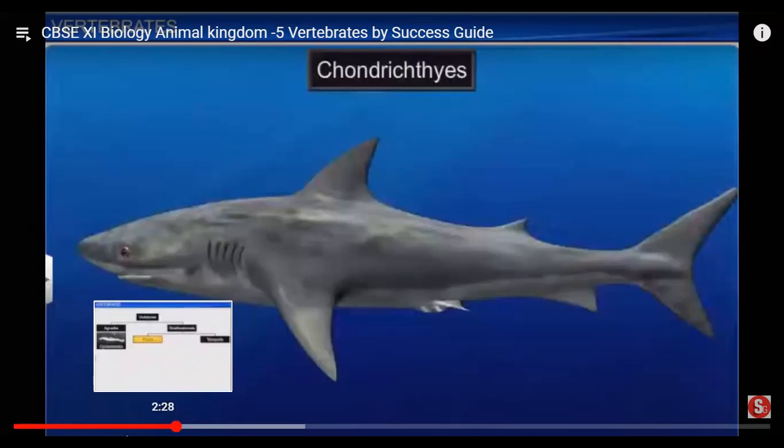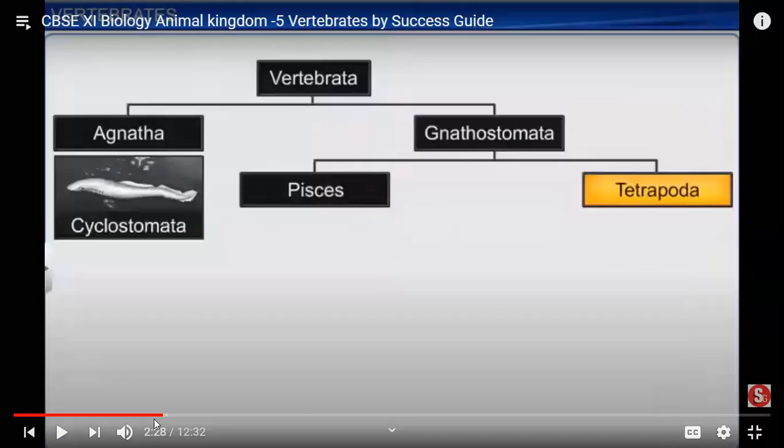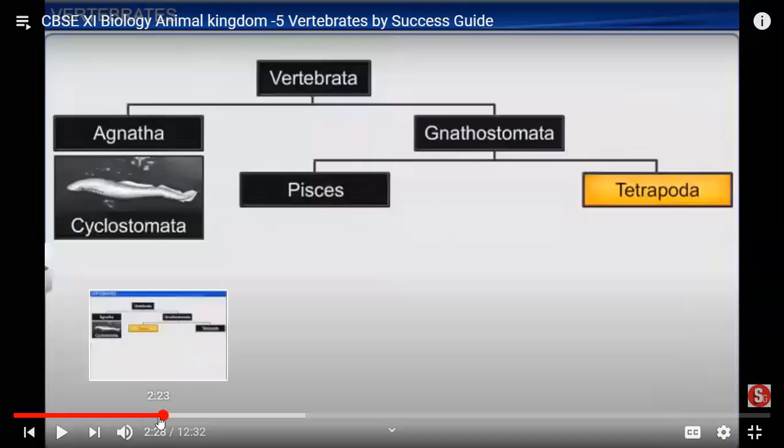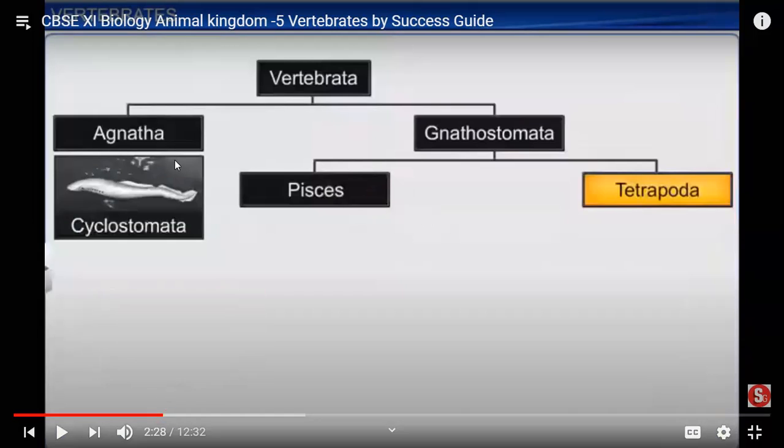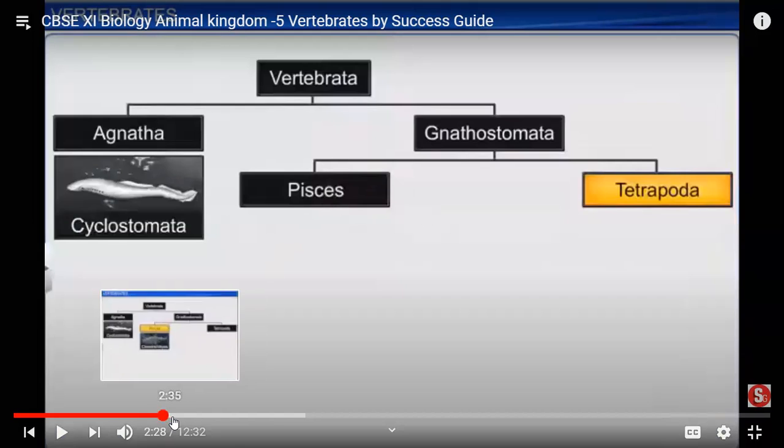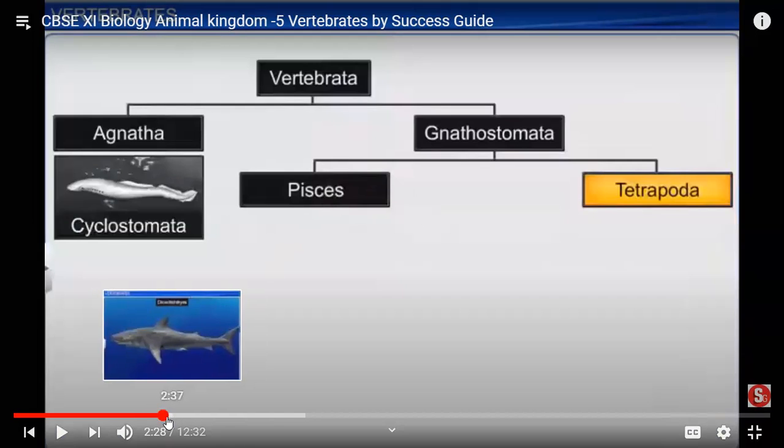Remember, Gnathostomata means having jaws. This is a superclass. The first class we are seeing is Pisces, which we will be learning further. Yes, good. Now we will move ahead.